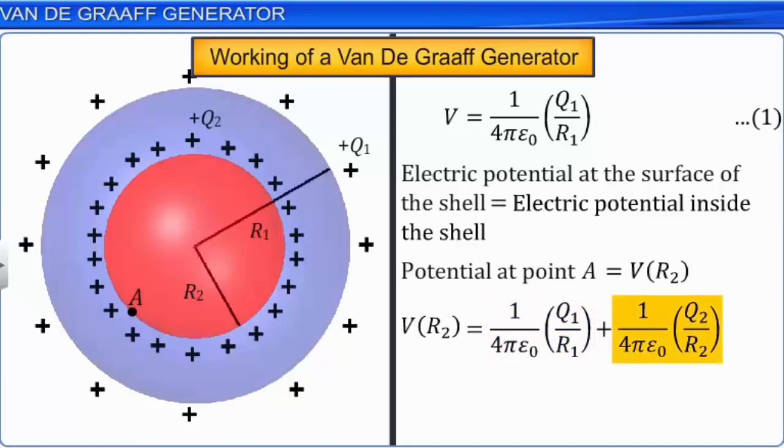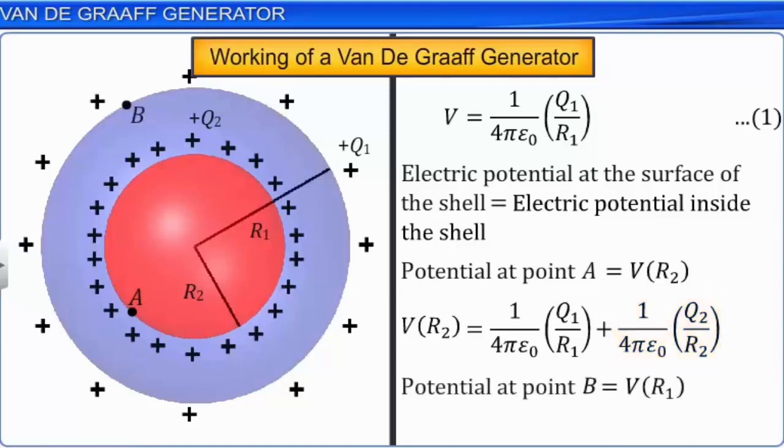The potential at any point B on the surface of the outer sphere is VR1. This potential is due to the charge on both the outer sphere as well as the charge on the inner sphere.